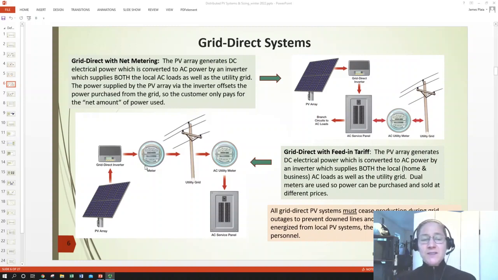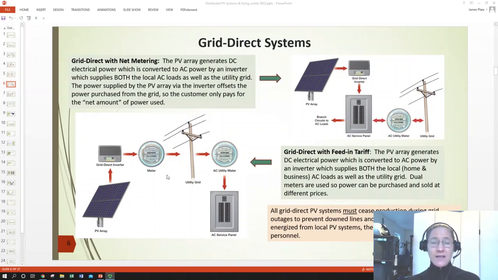In most cases, subsidies for these renewable systems will come in the form of a higher rate being paid for the power you produce and no limit to it. So however much power you generate, you get paid per kilowatt hour. And then if you have to buy power, you buy power at whatever the going rate is. So you can make money on this dual meter feed-in tariff system.